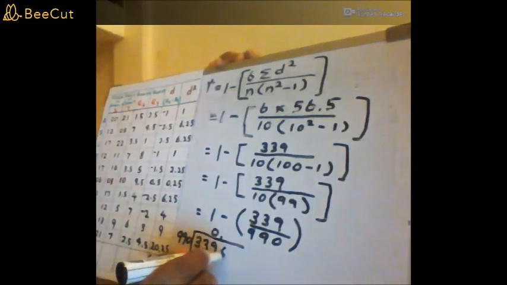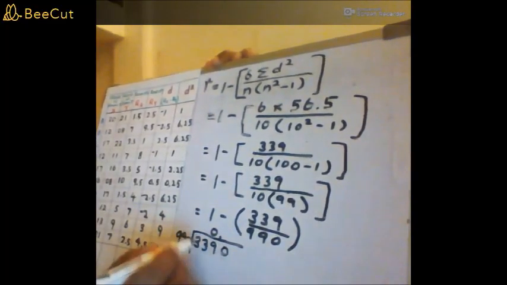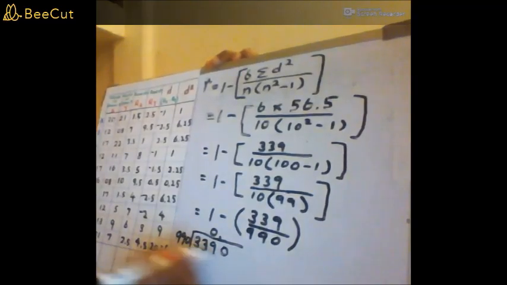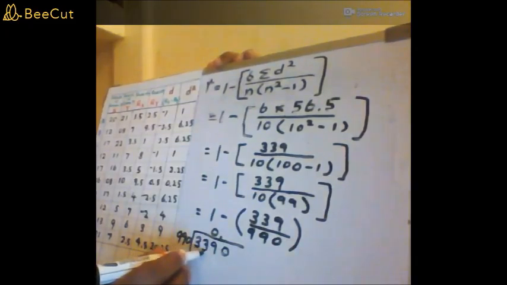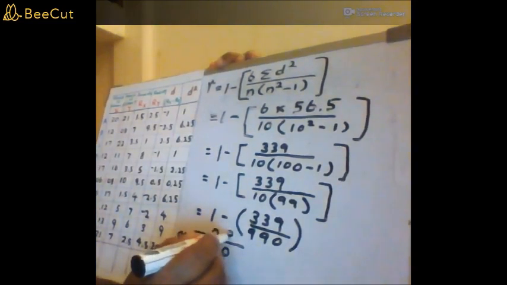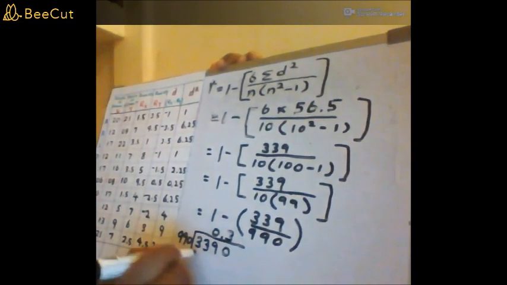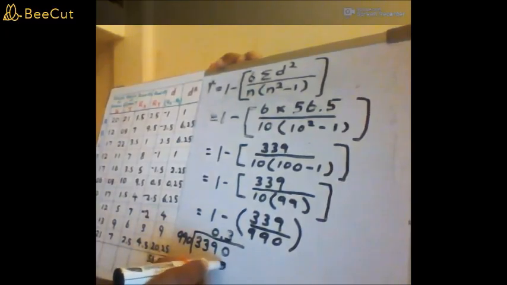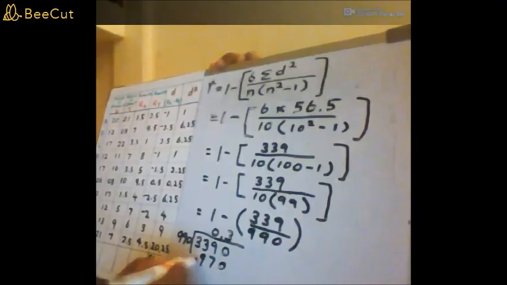Take 1 0 here. Now it's 3,390. 990 means nearly it's 1,000. So in this 3,390 we can say 3,900. You have to guess and do, right? So it is 792.